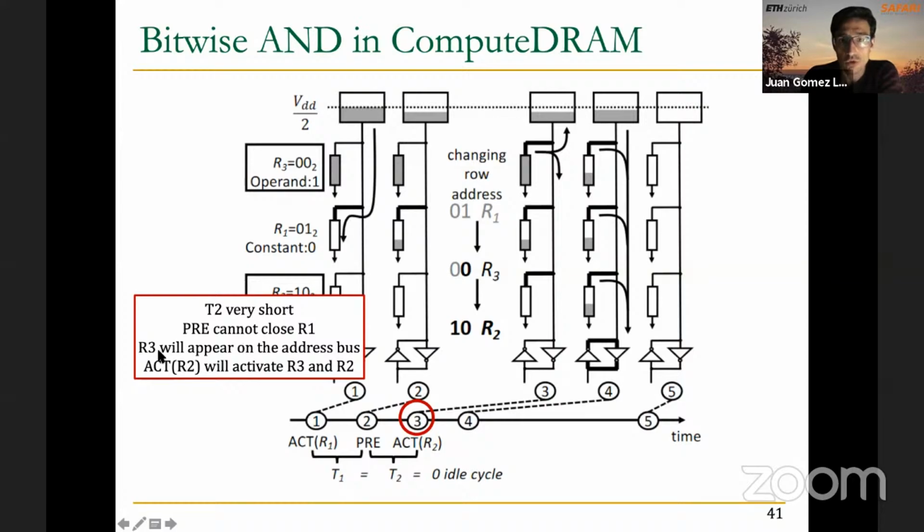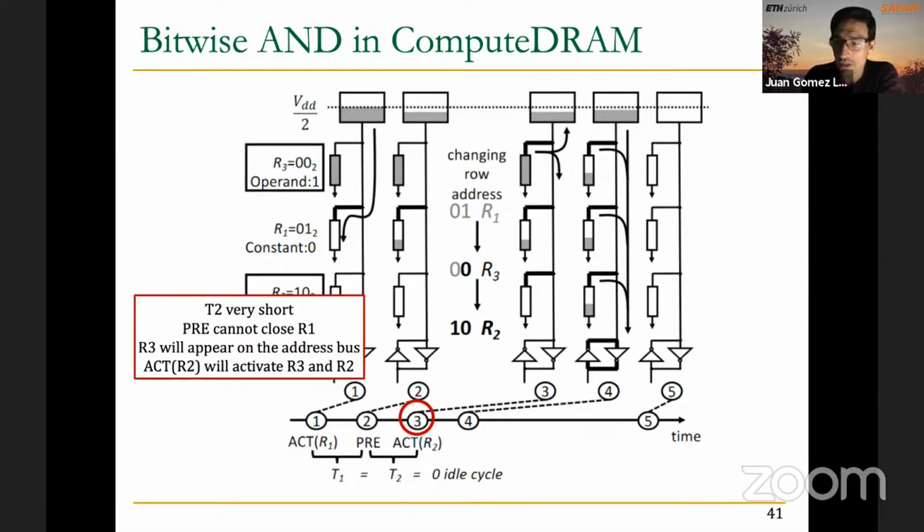This R3, which is in principle not intended to be activated, appears on the address bus for just a few picoseconds, let's say, and this makes the R3 row activated, but also R2 is activated, and the actual effect is that the 3 rows get activated in a very, very short period of time, essentially the 3 of them at the same time.